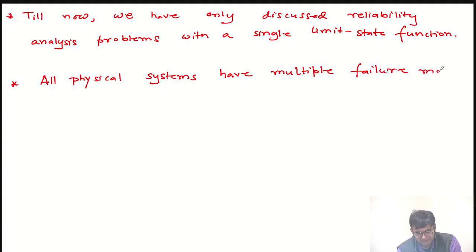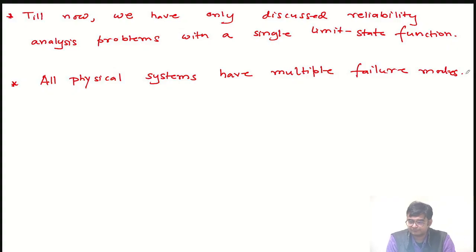And when I write failure modes, you should keep in mind that each failure mode is supposed to give you one limit state. That's how you should think of it. So each failure mode should give you a single limit state.